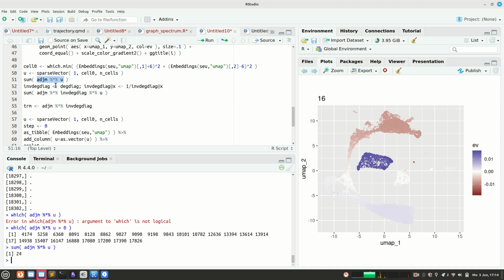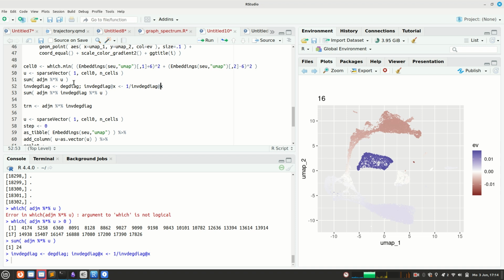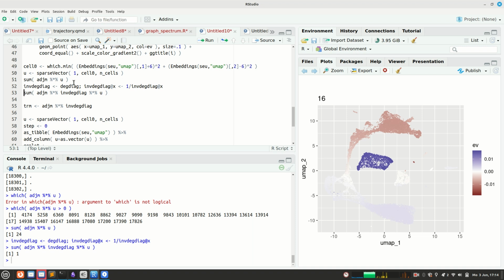So I calculate this, I make this diagonal matrix, which has 1 over the degree in it. So I construct this here by taking the degree diagonal matrix we had before, but I replace each value by 1 over the value. And now by putting this D matrix in it, I now get something which is always 1.